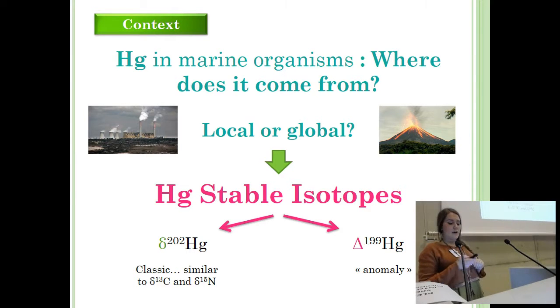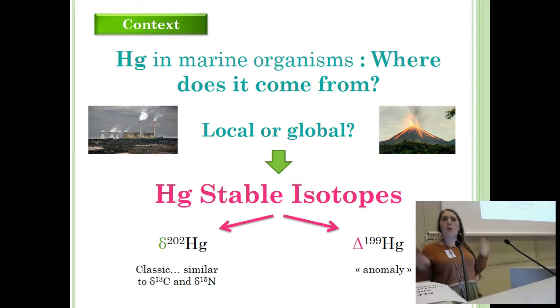Mercury stable isotopes are reported as a small delta value for isotope 202. This is like what's being done for carbon and nitrogen isotopes in trophic ecology. But mercury also displays some anomaly for some isotopes like isotope 199, and this anomaly is reported as a big delta.